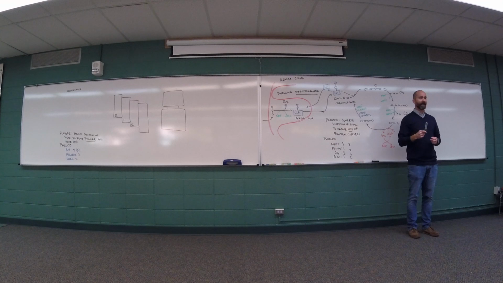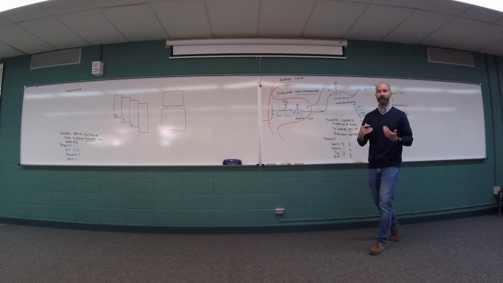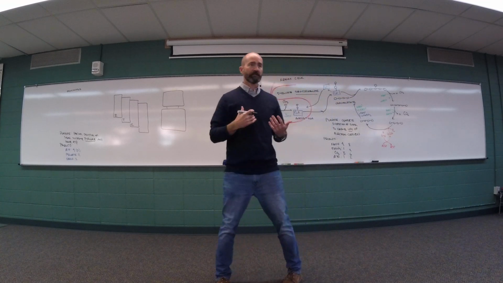So what happens is an electron is traveling down the electron transport chain. And the purpose of an electron transport chain is what? To create a proton gradient. That's all we want to do. Where did we get that electron from in the light reactions?